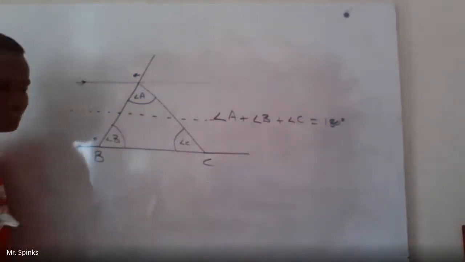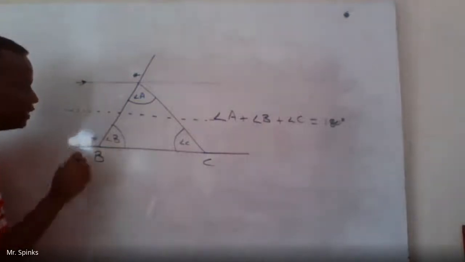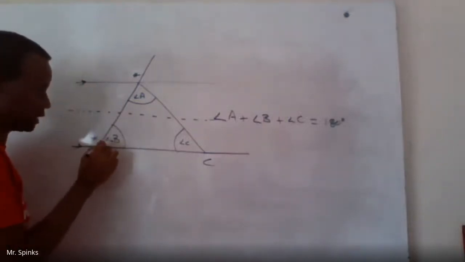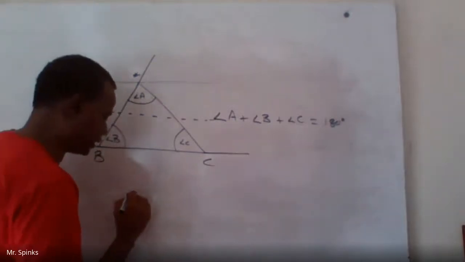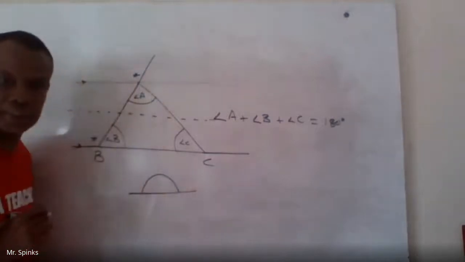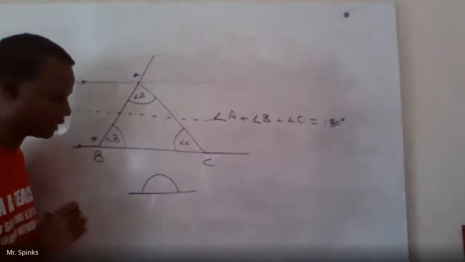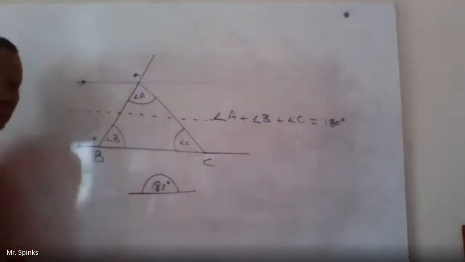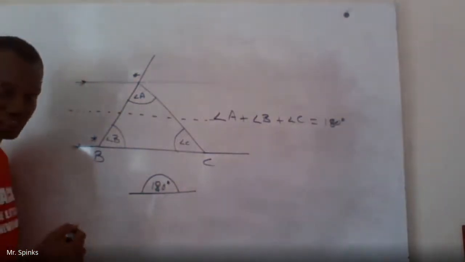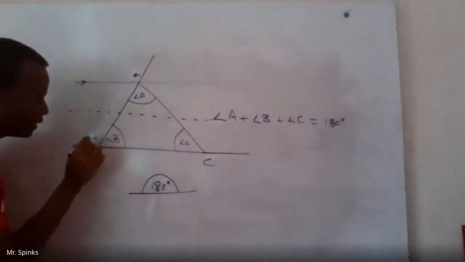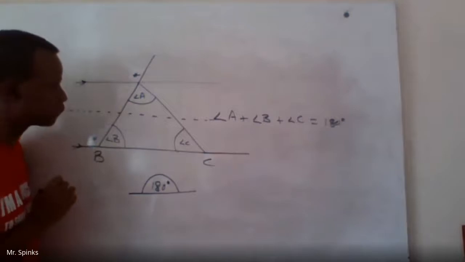Now, watch this. Since these two angles here are on a straight line, and we know what a straight line is. A straight line angle is one that is equal to 180 degrees. So these two angles here must be 180.